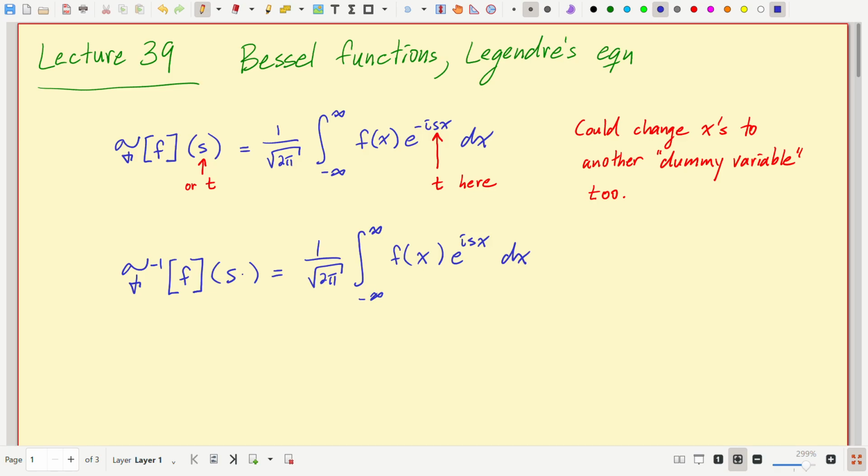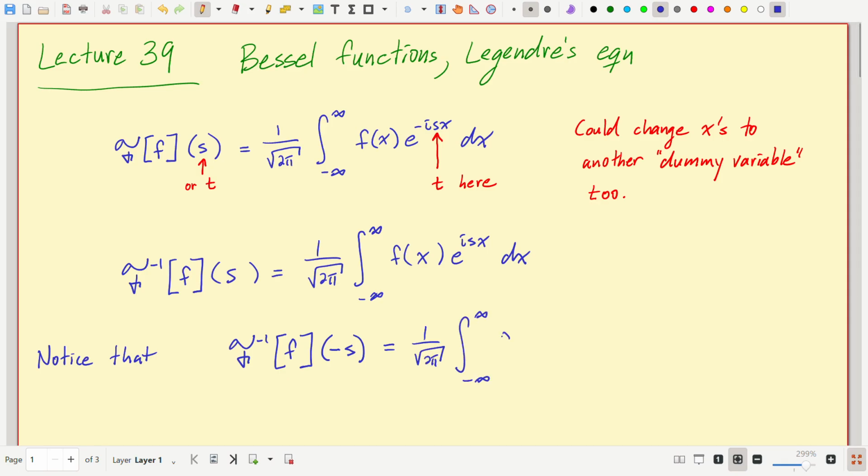But if you stare at those two formulas for any amount of time, it will probably occur to you that, if I take the inverse transform of something and I replace the variable by minus s, then when I write that all out, that's 1 over the square root of 2 pi, and I get exactly the Fourier transform.